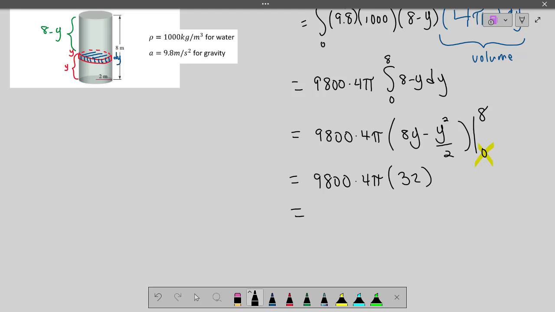So whatever this multiplies by, maybe someone can multiply that out for us. So that'll be, and we'll leave the pi in there, unless it says to approximate, we'll just leave the pi in there. So how many joules do we end up with? 128 times 9800.